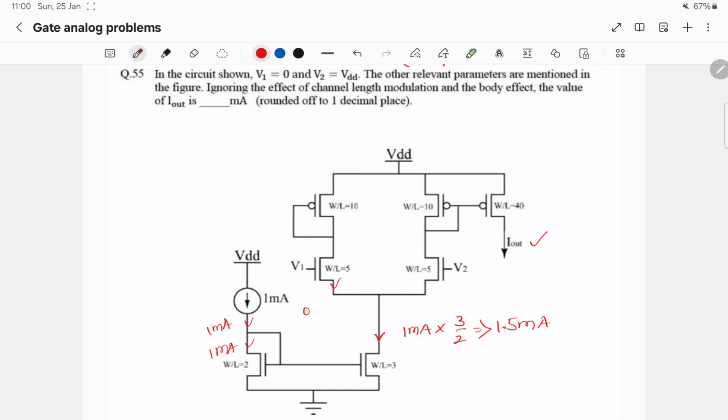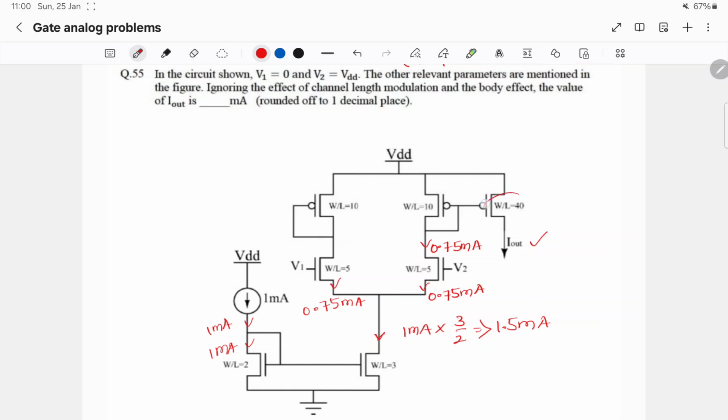So 0.75 milliamps current will flow in these two transistors in this way, 0.75 milli and 0.75 milli. Here 0.75 milli is flowing.